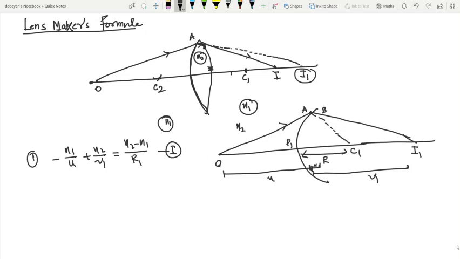Say this is the corresponding second spherical surface.